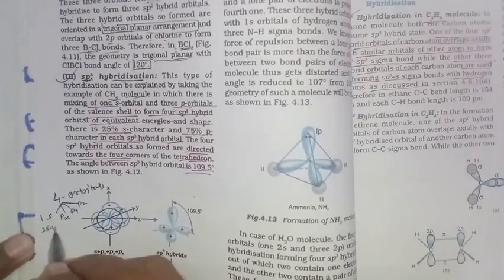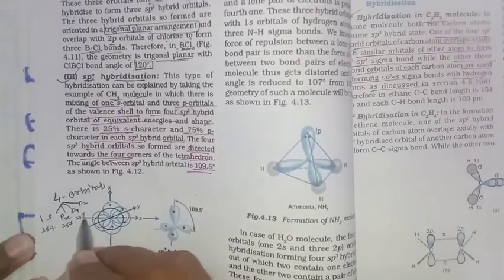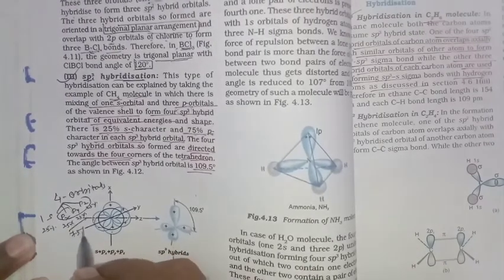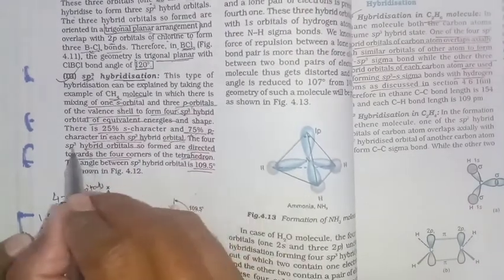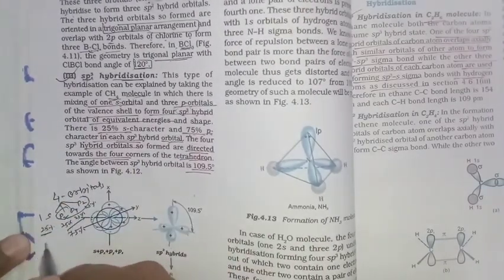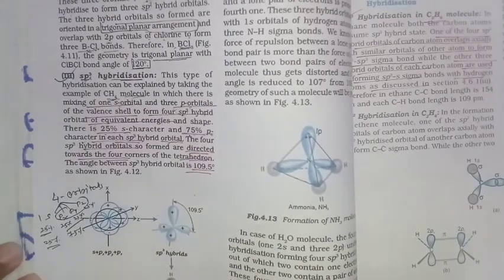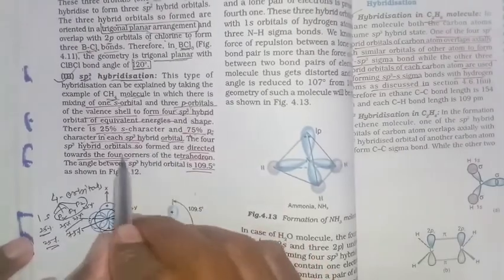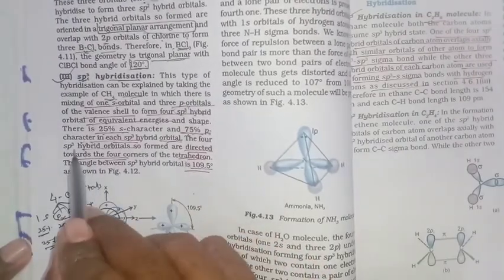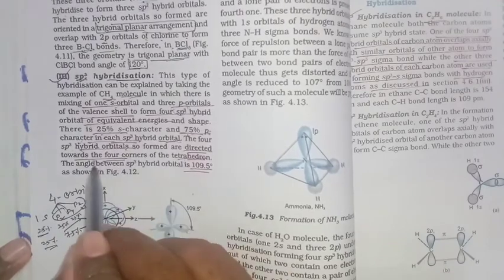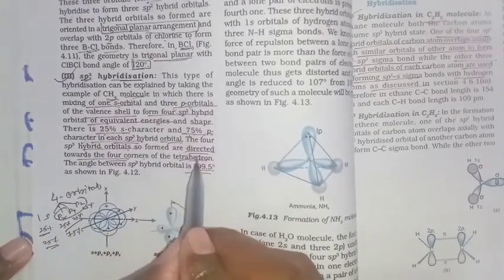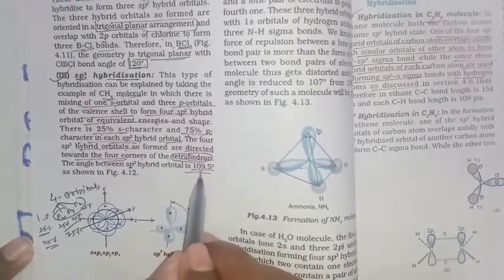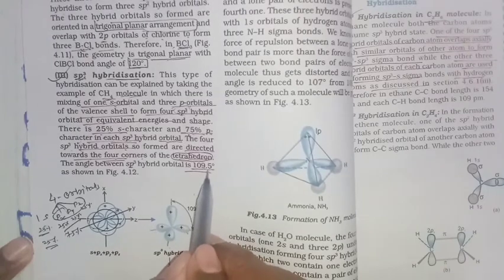So each contribution is 25%, which means the p orbitals have a total of 75% character, and the s orbital has 25% s character. Now the 4 sp3 hybrid orbitals so formed are directed towards the 4 corners of a tetrahedron. The angle between sp3 orbitals is 109.5 degrees.